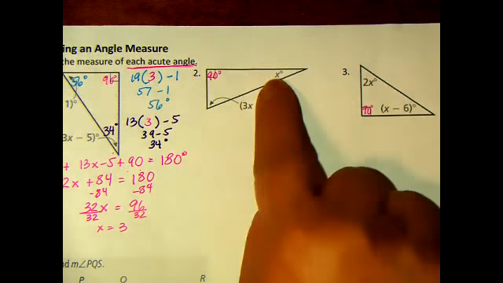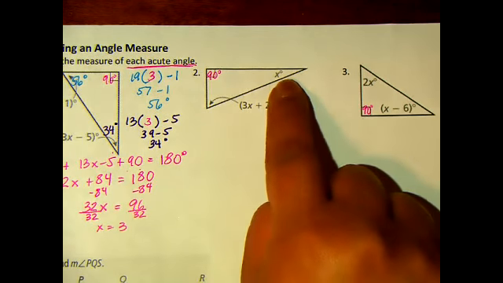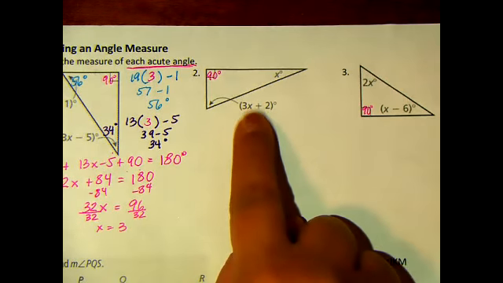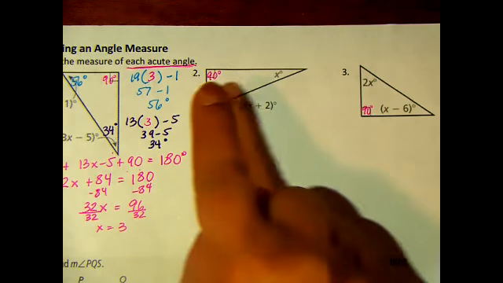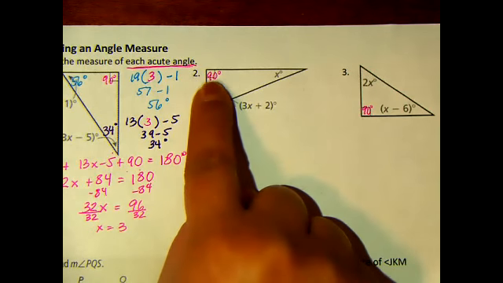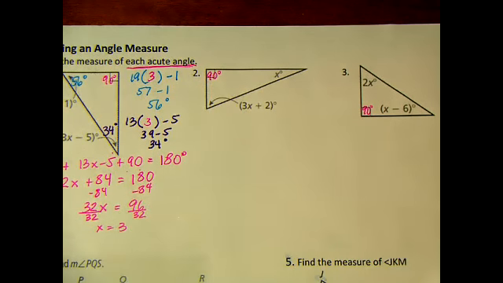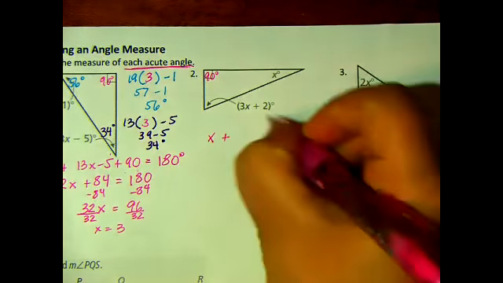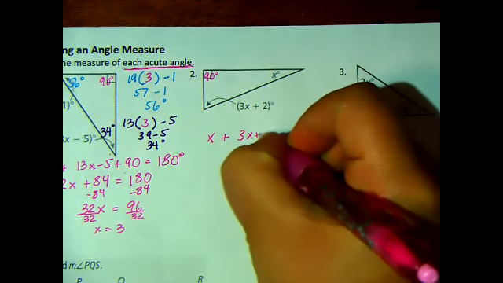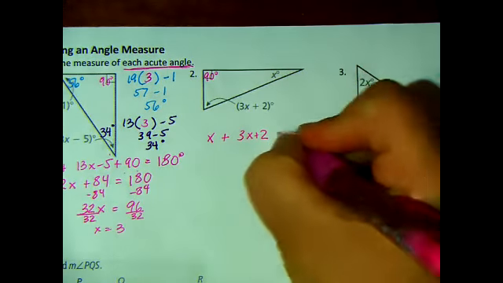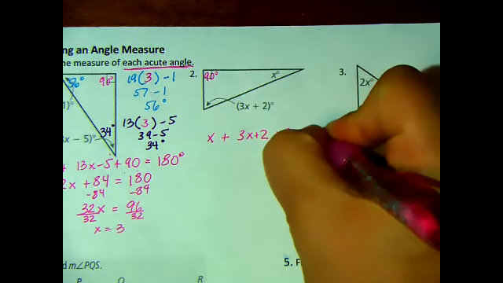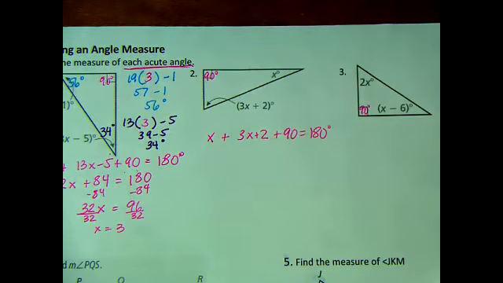X for this angle right here, plus 3x plus 2 for our second angle, plus 90, our third angle, is equal to 180 degrees. So first angle plus expression for second angle plus our third angle is equal to 180 degrees.